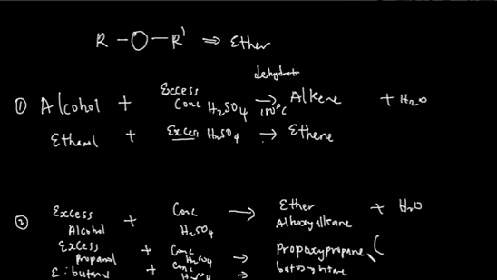Now, another way of calling propoxypropane, since there are two props here, you just call it dipropyl ether, which means this oxybutane will now be dibutyl ether. I know it's going to be a little bit confusing, but as you look at it again and again, you get used to it and understand the concept of this reaction.